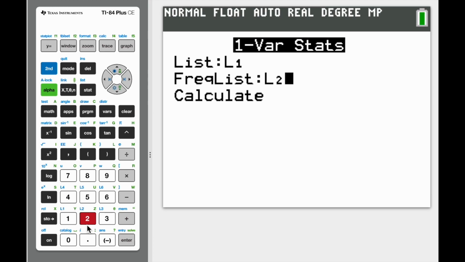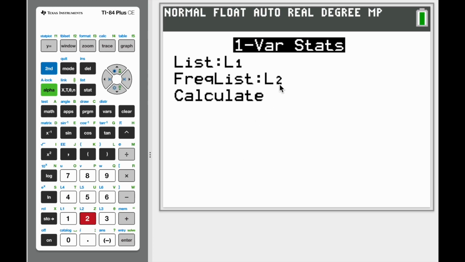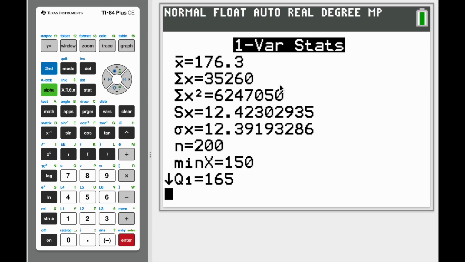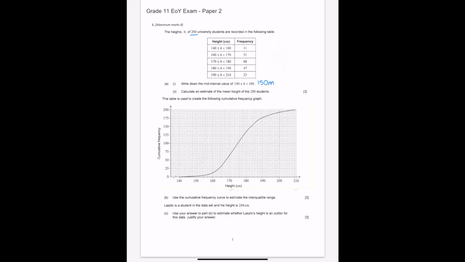So second function 2 gives me list 2, and then I calculate the answer. You can see there that it's 176.3, so 176 to three significant figures. That would be your estimated mean from the grouped table in the data.